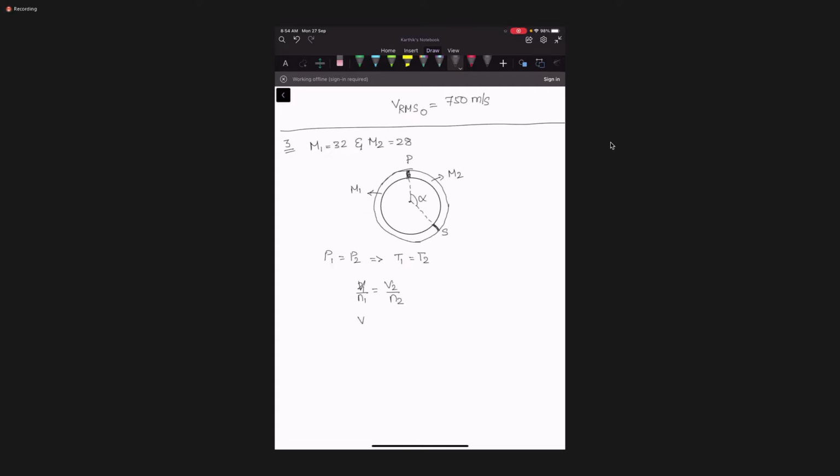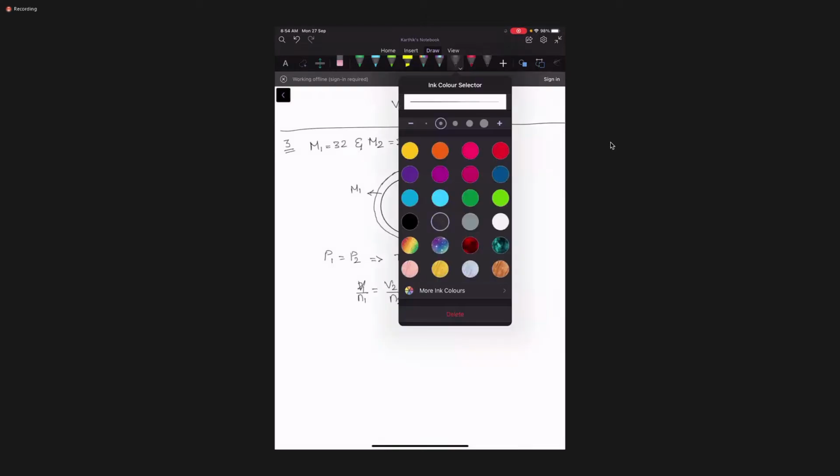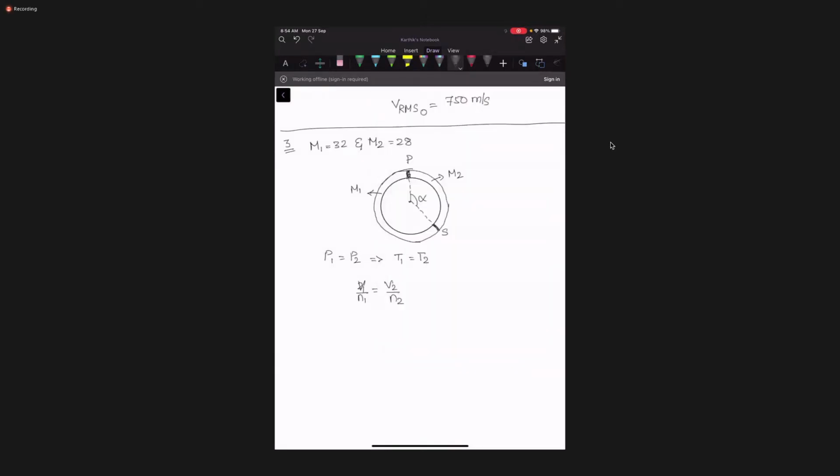So V1 will be equal to 32 by 28 V2, which is 8 by 7 V2.